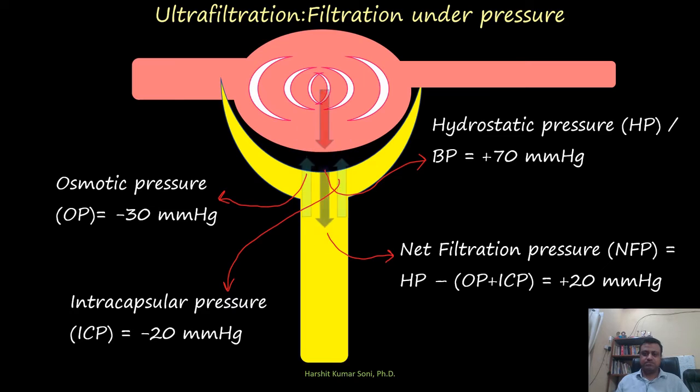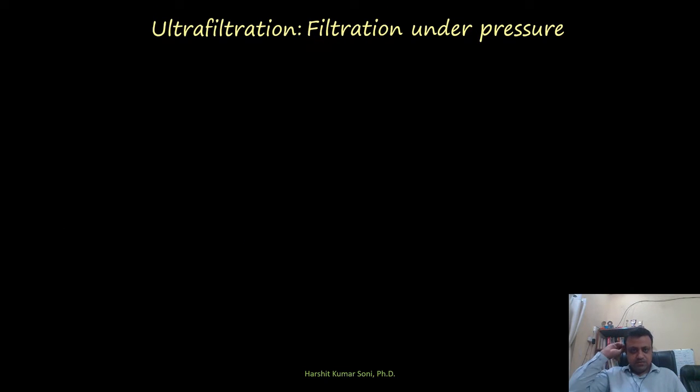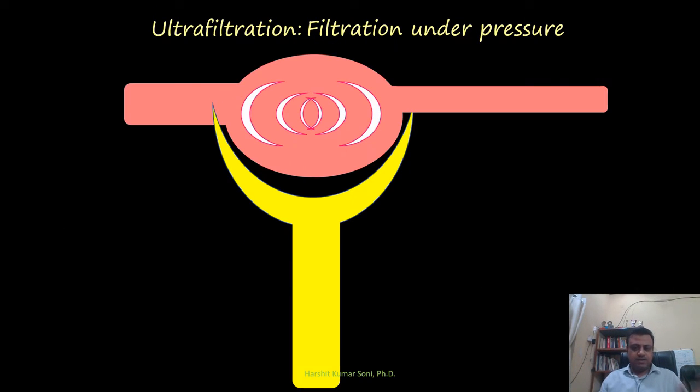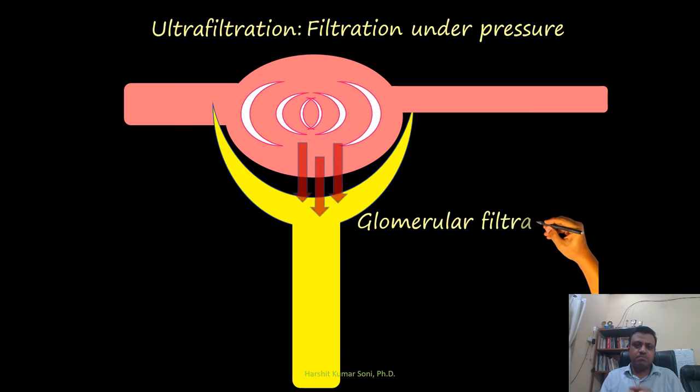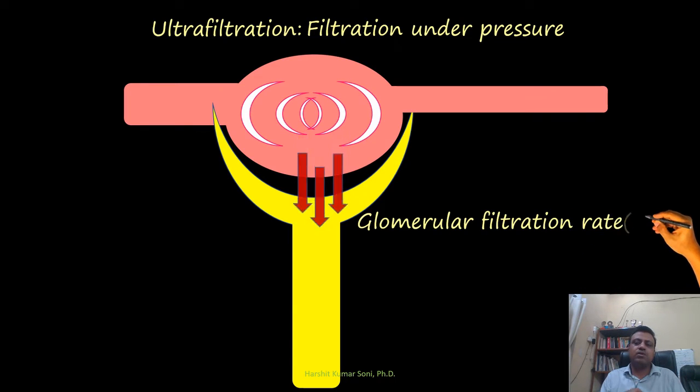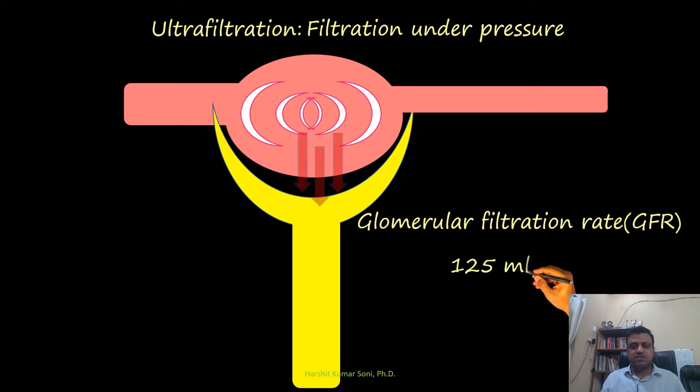The blood is filtered at this pressure. With this pressure we filter around 125 ml per minute, which is called the glomerular filtration rate or GFR. So how much is the GFR? It is 125 ml per minute.